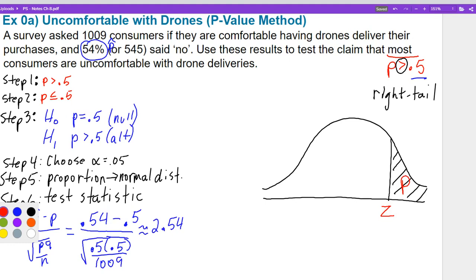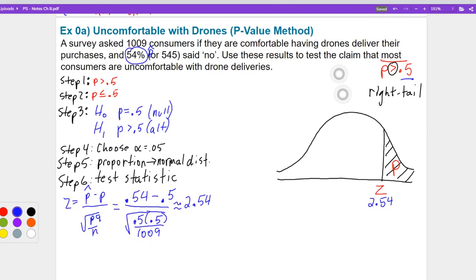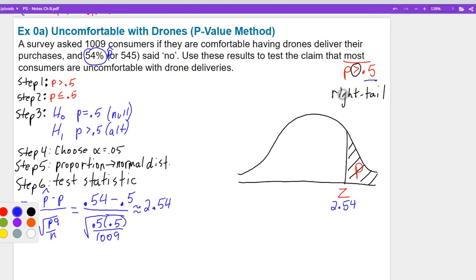Well, we just found the z value. We found the z value was 2.54. Step 6, we just did step 6. Step 7 is find that p-value.